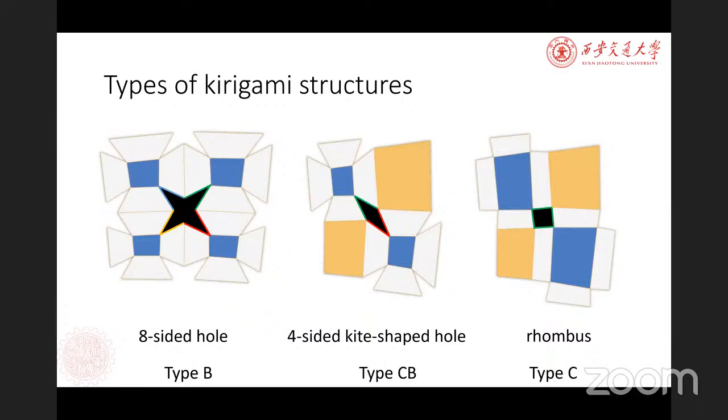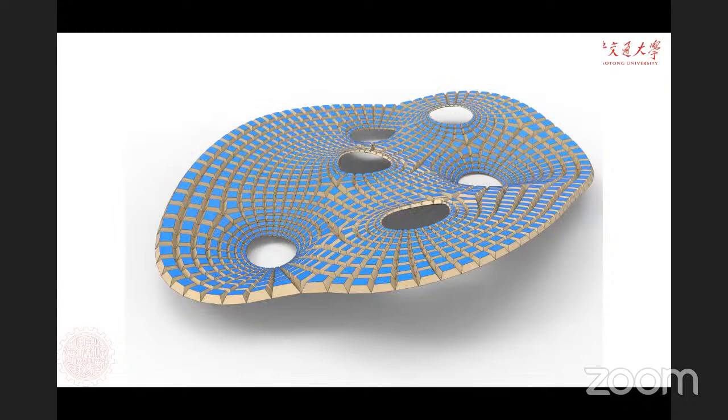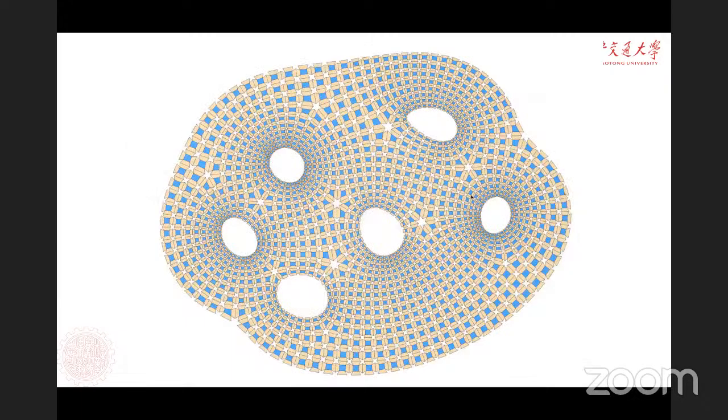Their holes on the 2D plane are rhombi, whose edges have the same length. So the goal of our algorithm is, for a given reference surface, we generate a box-like structure to cover its faces, and the box shape can be flattened onto the 2D plane, such that the structure can be constructed by cutting and folding a flat sheet of material.